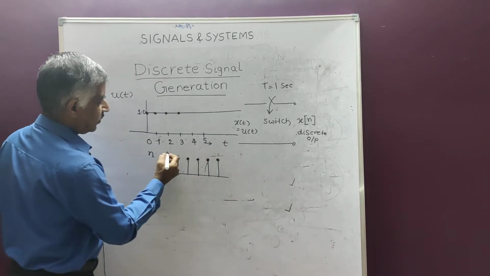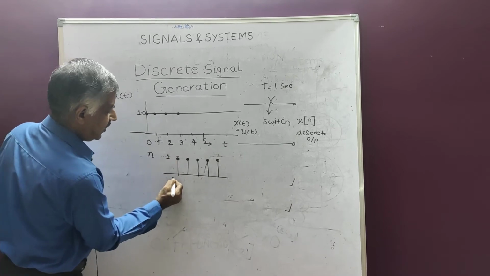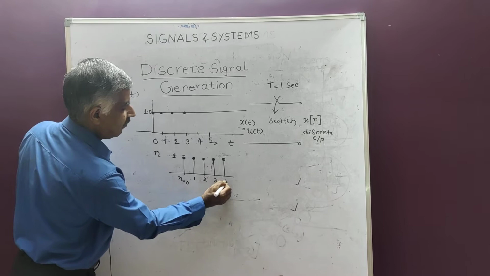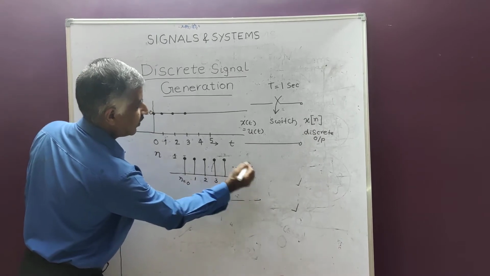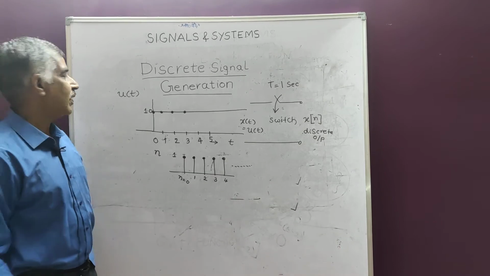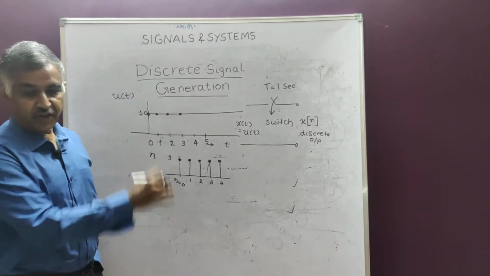All these values are at 1, and this is n equal to 0, 1, 2, 3, 4, etc. So this is what is known as sampling a unit step function.